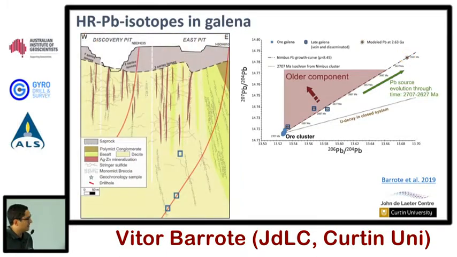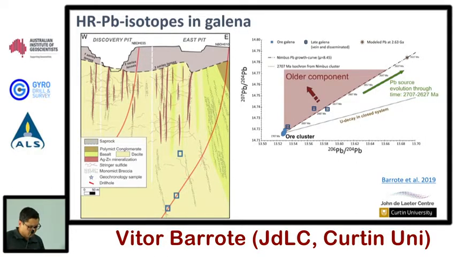And then the late galenas, they're spread around this mixing line, which represents mixing from 3 different sources. The original ore cluster, an older component, which is basically present in the sediments, and most importantly, the young lead which evolved through time.